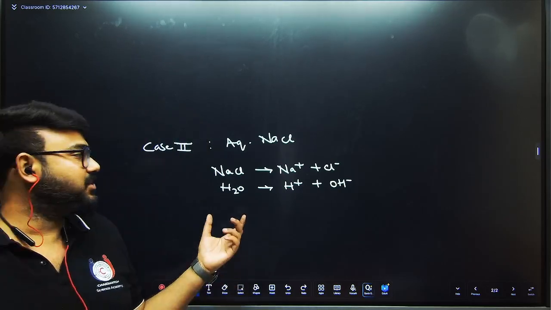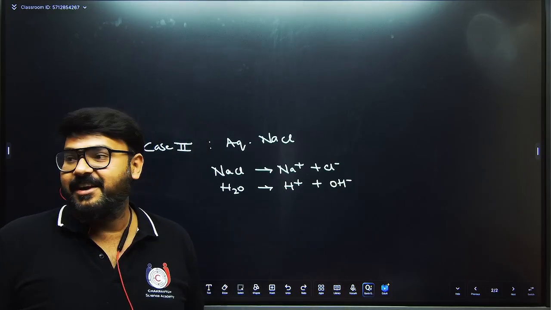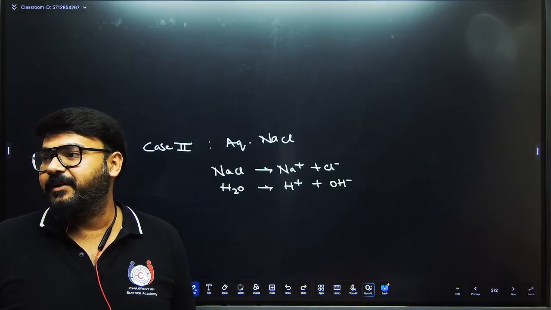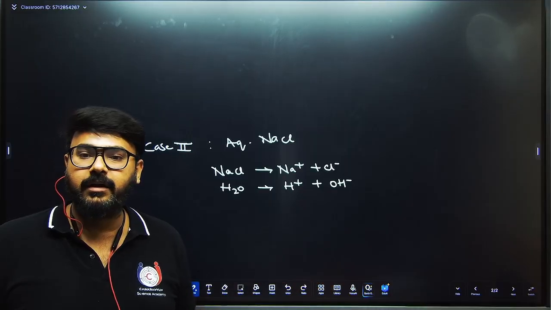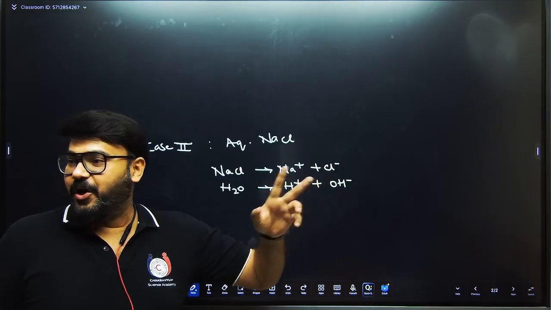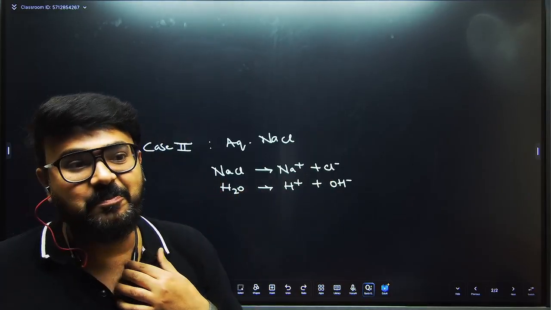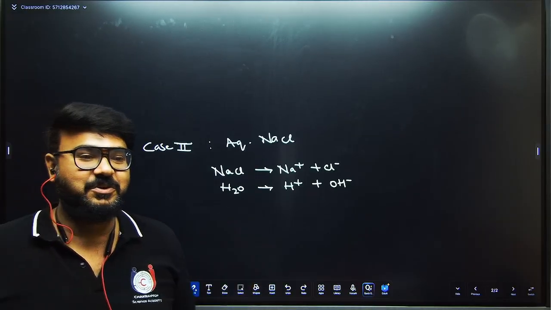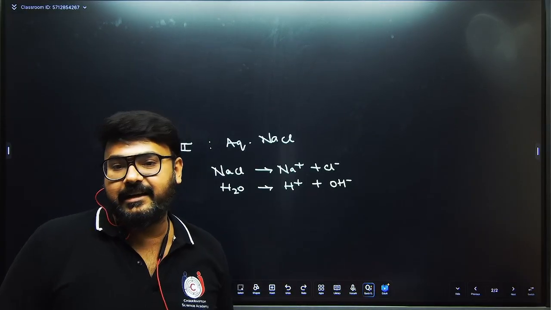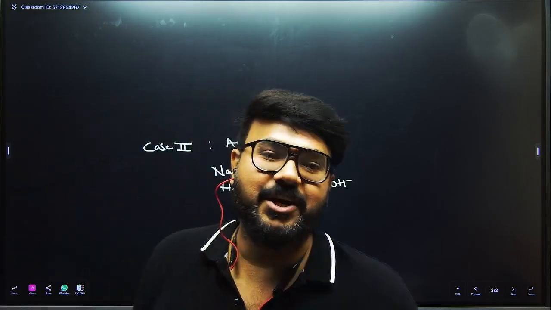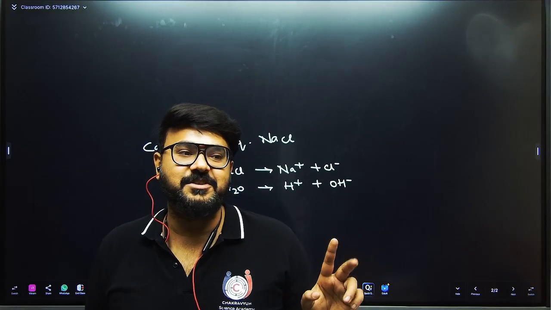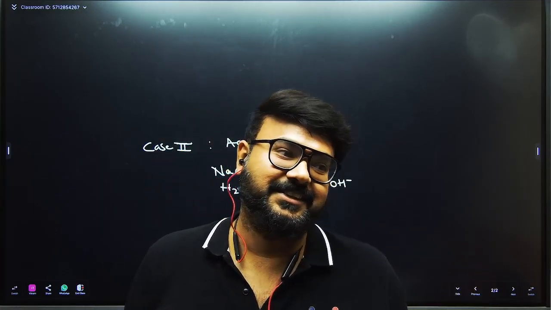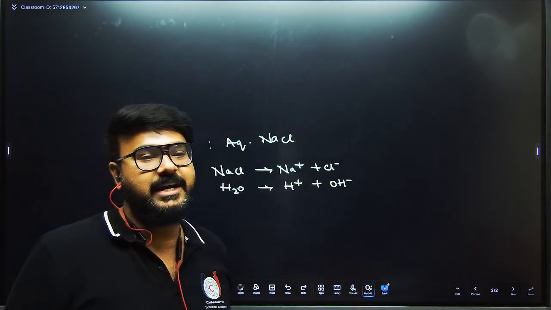And who gets discharged at anode? Anions. How many anions are there? Two, but the anode is only one. How many cations are there? Two, but the cathode is one. So it's like there are two winners, but the prize is only one. So how will you decide who will get discharged?